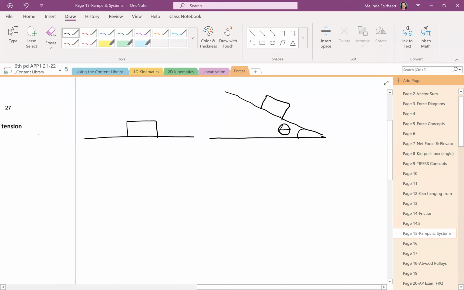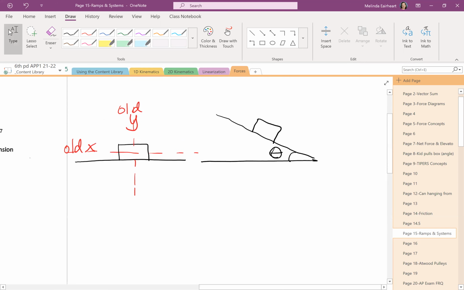And so our old XY axis, old X and old Y, are what we're used to. But now, with our tilted surface, and what I'm about to say, you can choose to do or not, if you tilt your head like the ramp, then where's our new X?